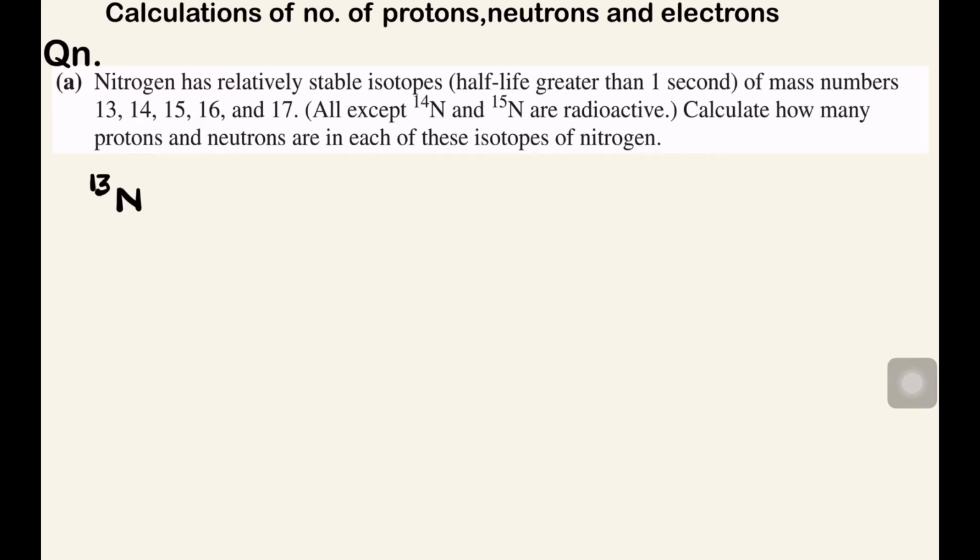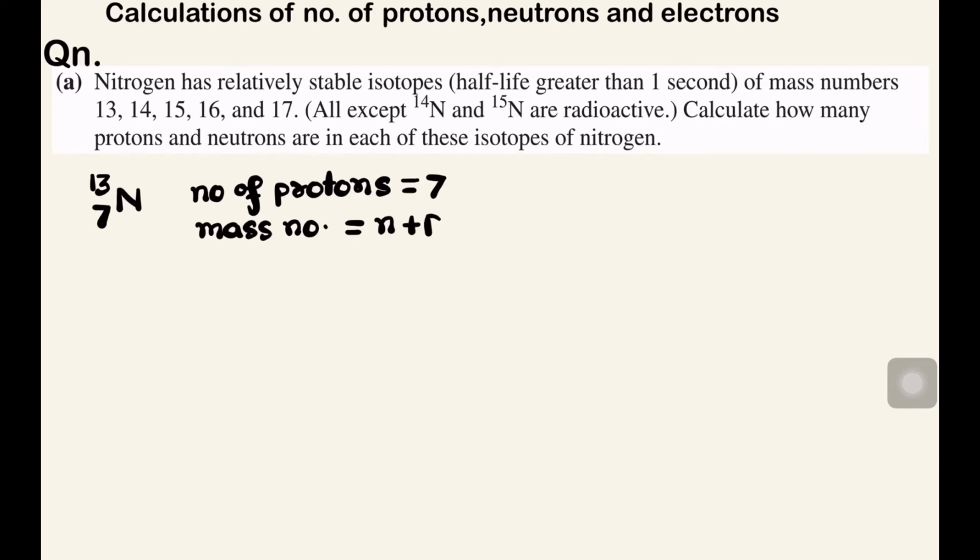We know that the atomic number of nitrogen is 7. So the atomic number is 7 and the mass number is 13. Okay. So the number of protons is just equal to the atomic number, that is 7, and we know that the mass number is basically the number of protons plus the number of neutrons. The mass number in this case is given to us, that is 13.